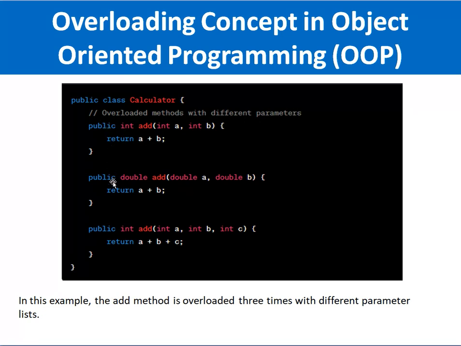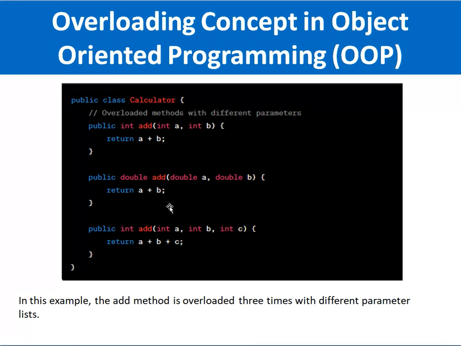Similarly, another method, public double is the return type, like 2.5 or 4.5, which are doubles. The add method with double a, double b takes two input parameters, double a and double b, and returns a plus b. Another example of the add method is public int add, which takes three parameters, int a, int b, int c, and returns a plus b plus c.